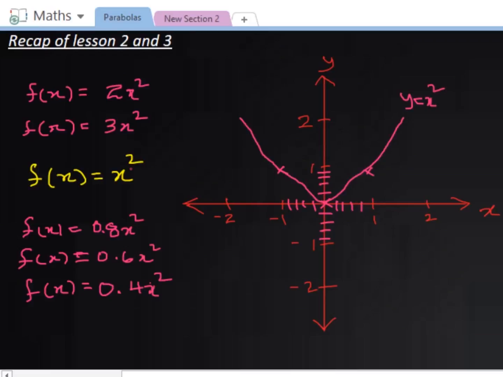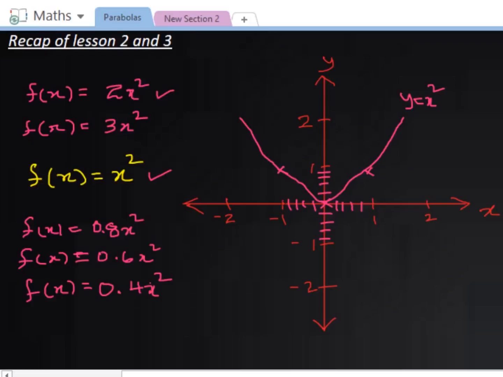Let us now plot the function f of x equals 2x squared. In this case, the 3 points we're going to have are -1 and 2, 0 and 0, 1 and 2.